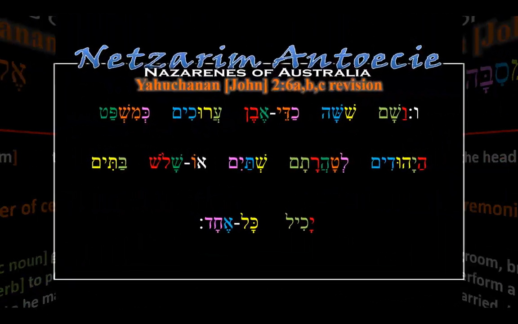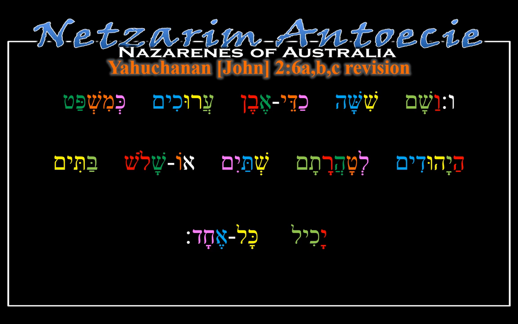And that brings us now to the end of this week's lesson, but we now look at the revision to see just how well we've coped with it. First, we know that we have a vav, which means we're in verse 6, and then we read it.